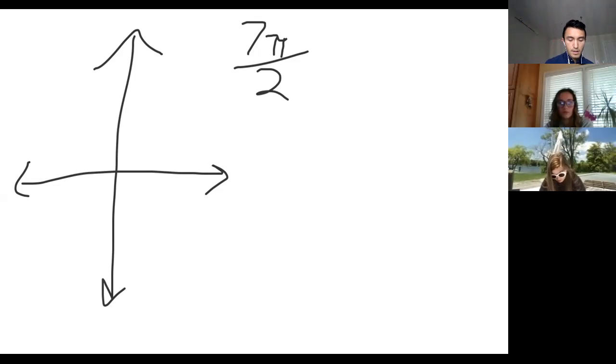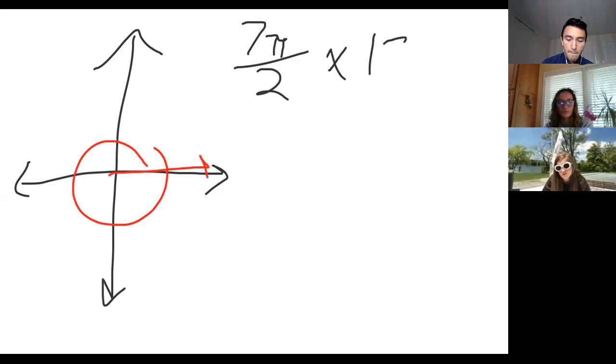If you just think about it real quick, 7 halves is bigger than 2. So this is actually going to look like a full circle plus some, right? But regardless, to turn it into degrees, we have to multiply by 180. Because remember, pi is 180.